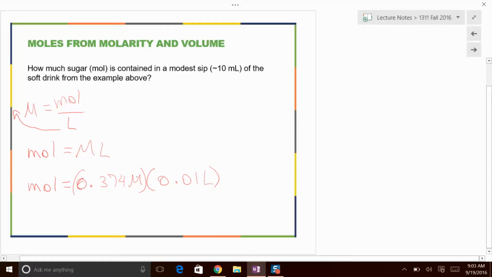Now, for units, if I show the molarity units, it's moles per liter, and my liters cancel, and I'm left with moles. Okay? So, my moles are equal to what?